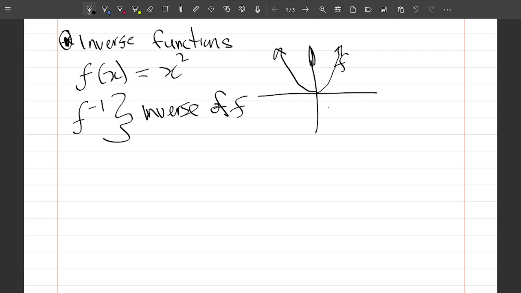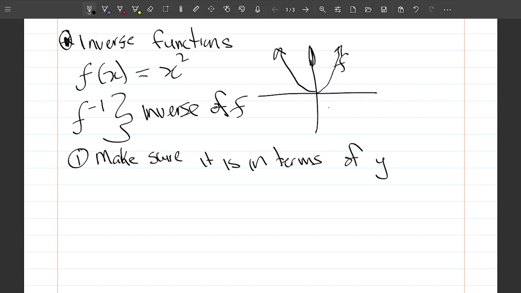When you are finding the inverse of f, or the inverse of a certain function, the first thing you do is make sure it is in terms of y. Then you swap x and y.